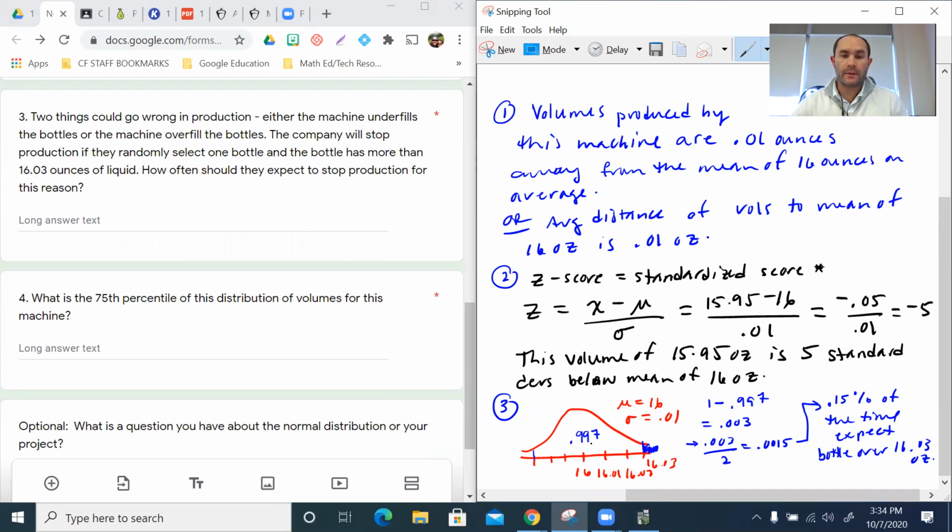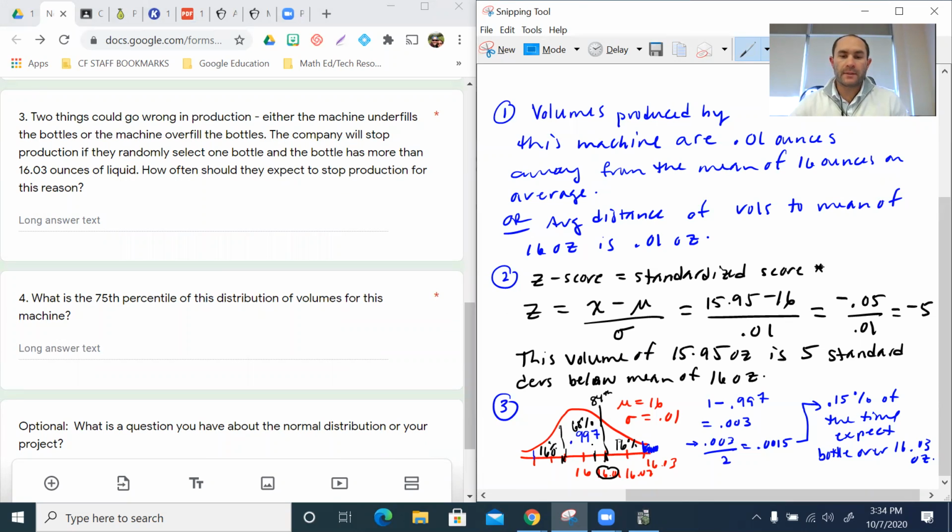We know that 1 standard deviation from the mean is 68%. That would leave 16% here and 16% here on our curve. So technically, if you add 68 and 16, this 16.01 is the 84th percentile. So we know that the 75th percentile has to be somewhere between 16 and 16.01.